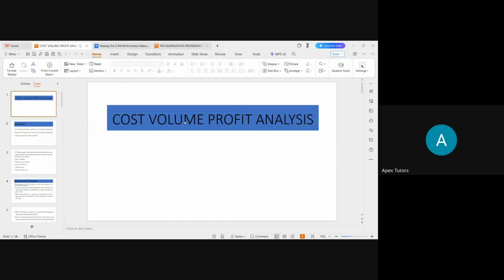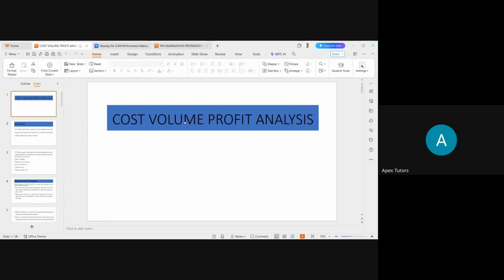This is an attempt to see the effect of fixed cost, variable cost, sales price, quantity, and mix on profit. So the break-even point is the level of activity at which there is neither profit nor loss.